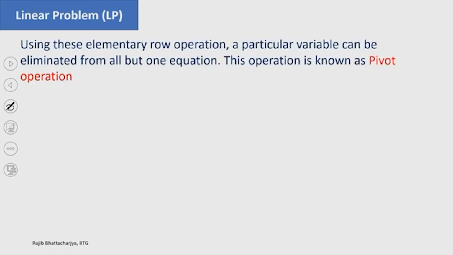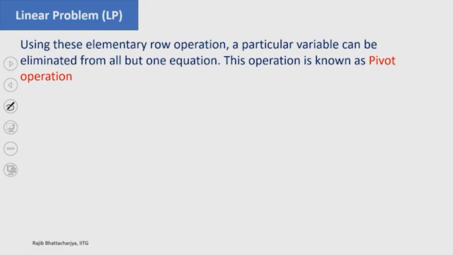So, let us see, using these elementary row operations, a particular variable can be eliminated from all but one equation. This operation is known as the pivot operation. So, I can eliminate a particular variable from all the equations but one.